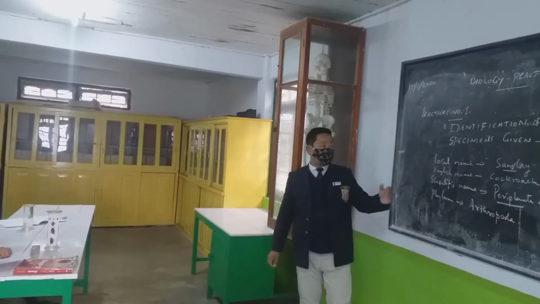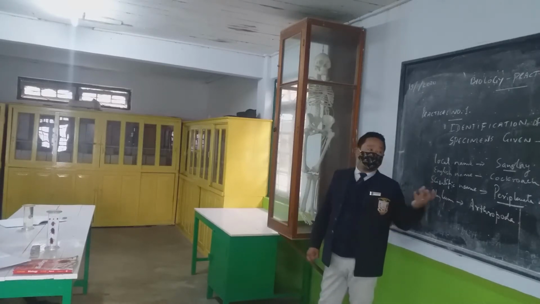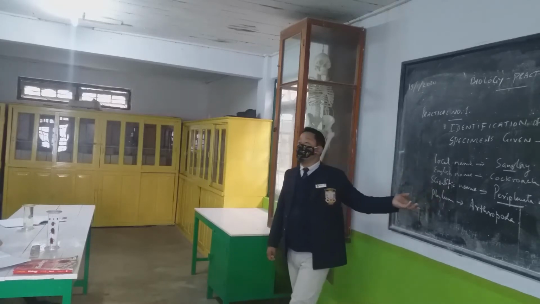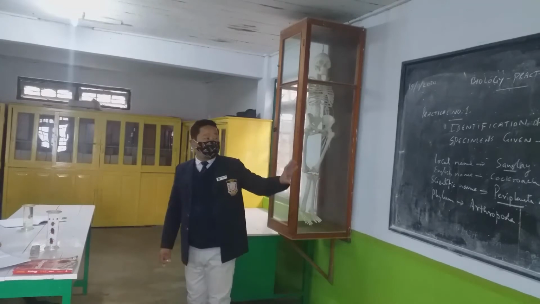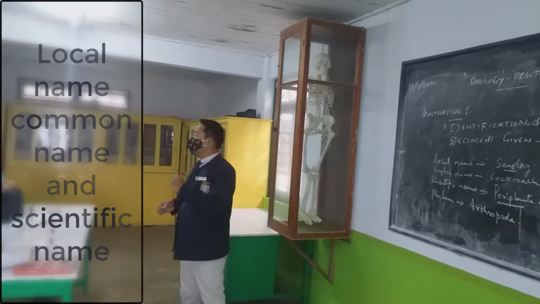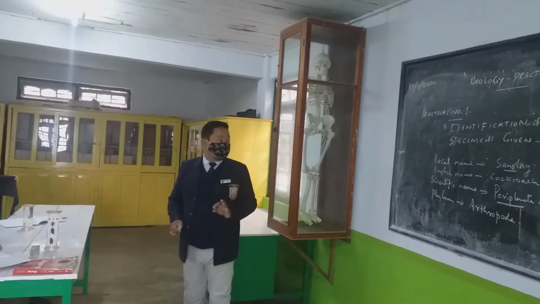At least this much: you may not know the class and order they belong to, but at least try to write the local name, common name or English name, scientific name, and the phylum they belong to.